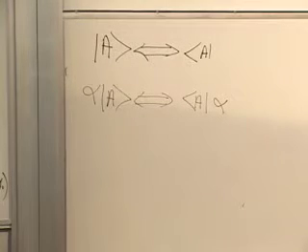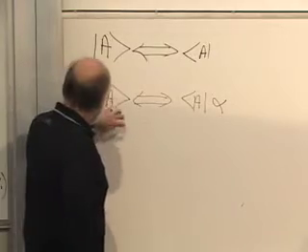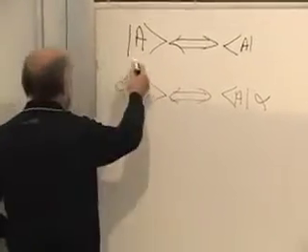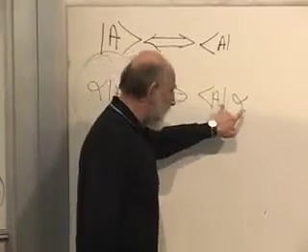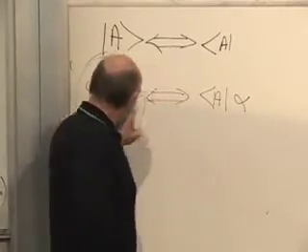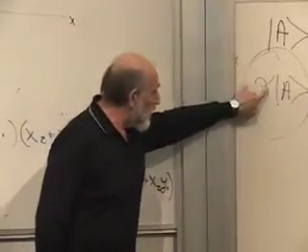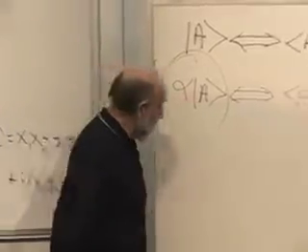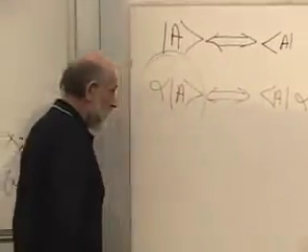You want to conjugate it because you want the bra vector associated with alpha A to be the complex conjugate of the ket vector, and that entails complex conjugating the number that you multiply A by. So you really want to put a star here, alpha star.